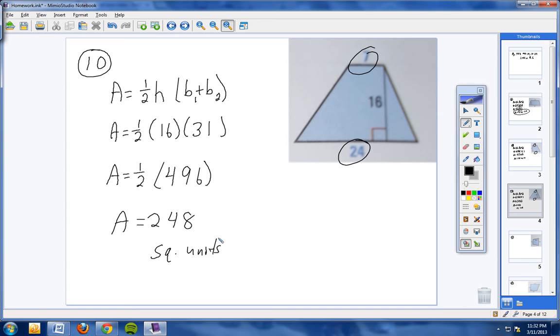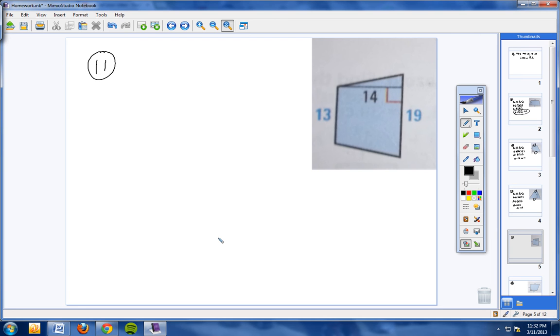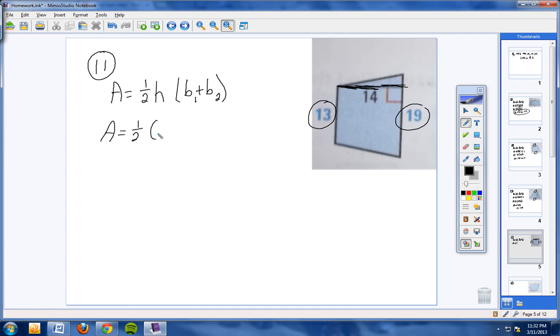Let's move on to number 11. Again, don't be confused when they turn the trapezoid on you. That's no big deal. We know the parallel sides are always your bases. So your bases are 13 and 19, and the height is always the perpendicular line that connects those two bases. So 14 is your height. Where the h is, I'm going to substitute 14. My two bases are 13 and 19, and that should give you 32 when you add those together.